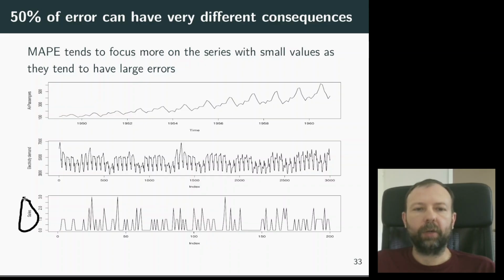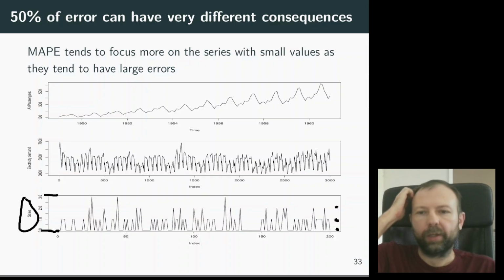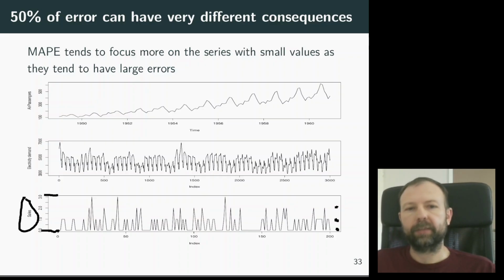On this series down here, which is some sales I've made up that are between 0 and 3, so just some slow moving item, imagine the next value here is a 1, but you predicted a 0. That's 100% forecast error, right? Or let's say the next value was a 1, but we predicted a 2. That's 100% forecast error.